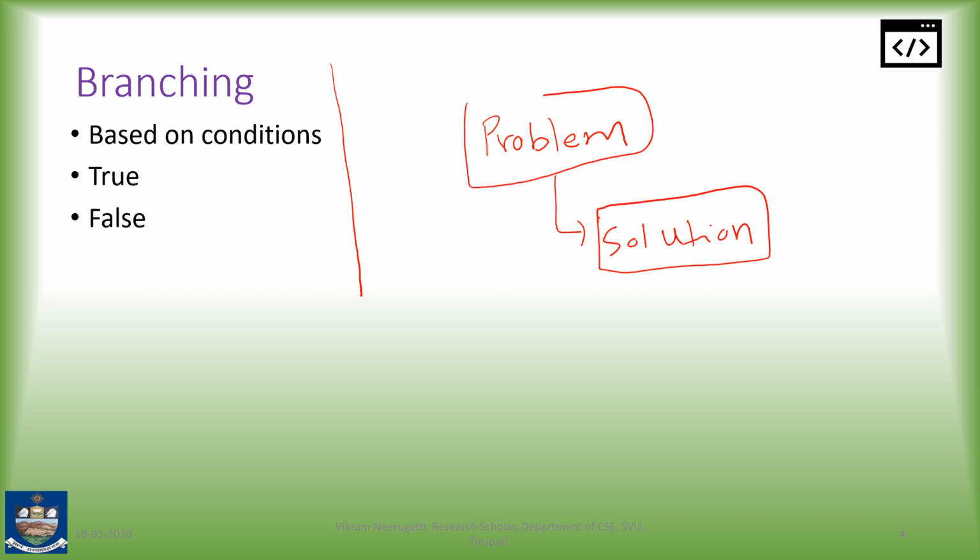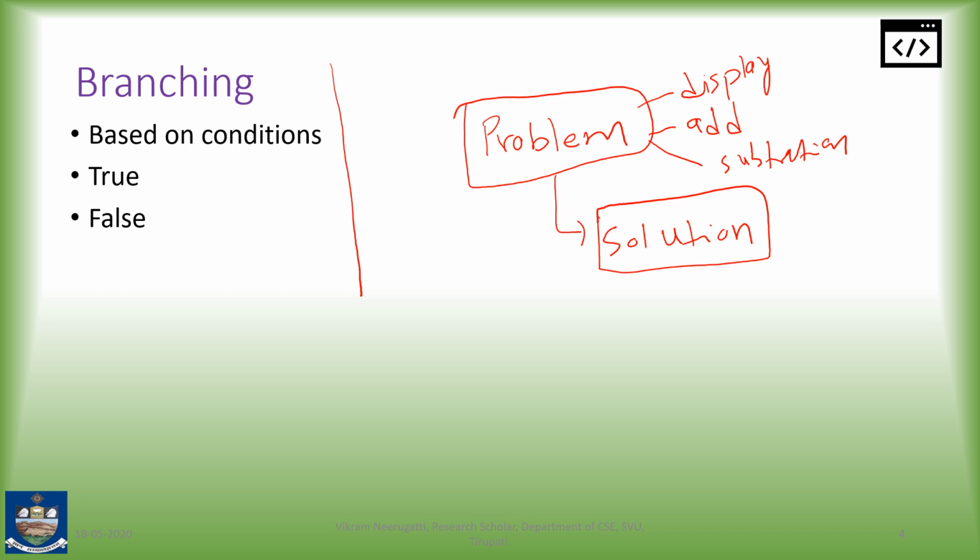So problems may be of different kinds. For example, you want to display something on the screen, you want to find addition, you want to find subtraction. Like this we have different problems, and in C language we need to find the solutions for those problems.